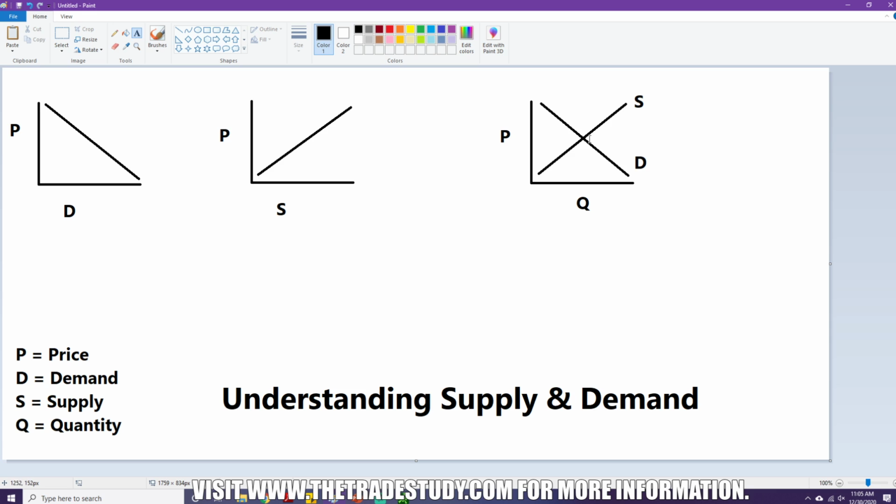And what happens is you have this clash of your supply and demand with the price in relation to that. And overall, going back to the definition of supply and demand, it's the relationship between the quantity of a product or stock, and you're looking at the price versus that.